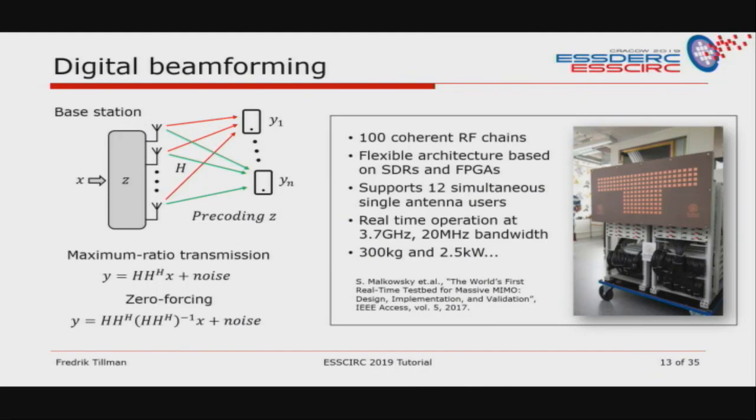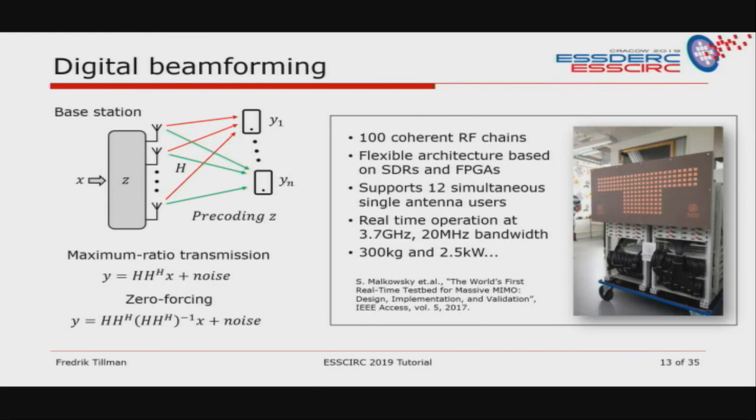But this is how it looks today. From a conceptual point of view, digital beamforming is that you send in data layers represented by X here, you have a precoding matrix Z, and you have your antenna ports, and the precoding makes sure that you combine information to the right user.